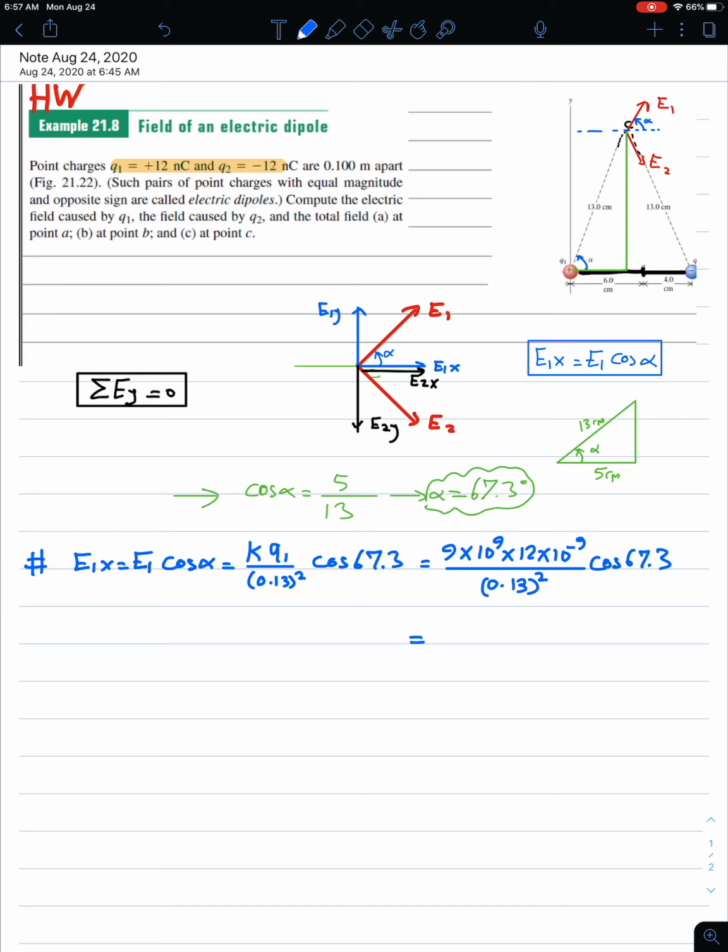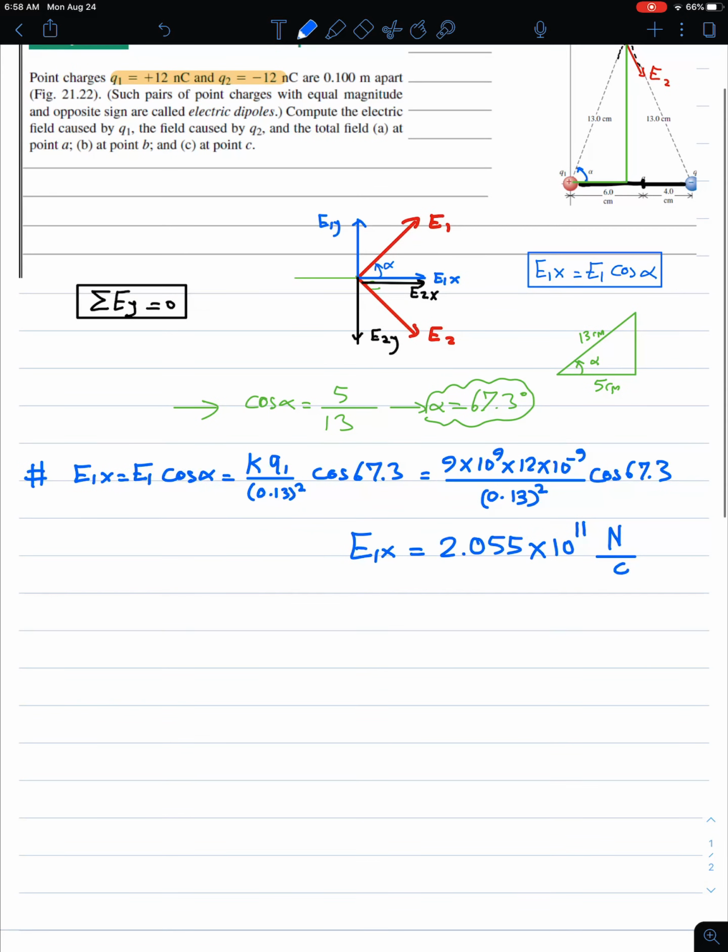Now let me calculate it. 9 times 10 to the power of 9, times 12 times 10 to the power of minus 9, over 0.13 squared, then multiplied by cosine 67.3. I got 2.055 times 10 to the power of 11 newtons per coulomb. This is E1x, but this is not yet the final one.